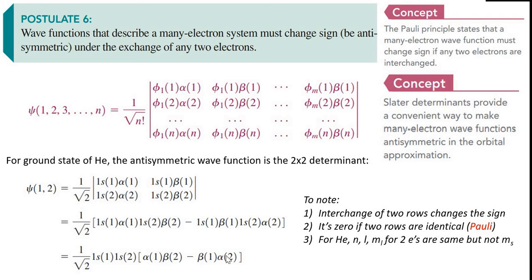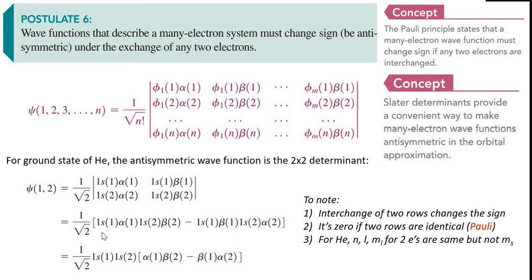But what happens here? It is alpha 1 beta 2 minus beta 1 alpha 2. Now after exchange it will be alpha 2 beta 1 minus beta 2 alpha 1, and that is exactly the negative of the starting one. You can check it on your script. If you have pen and paper with you, you can immediately check that if I exchange 1 and 2 between these two, alpha 1 beta 2 and beta 1 alpha 2, then the result is nothing but the negative of the starting one.